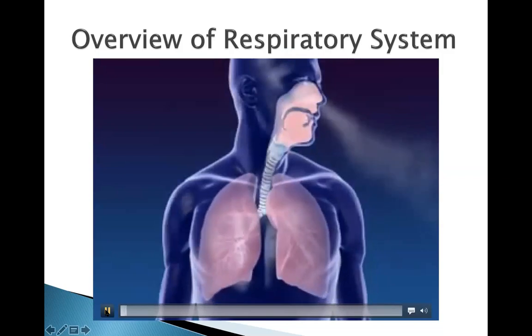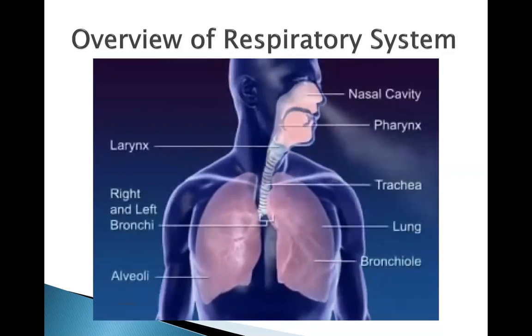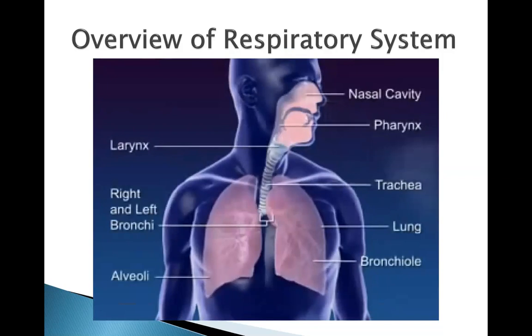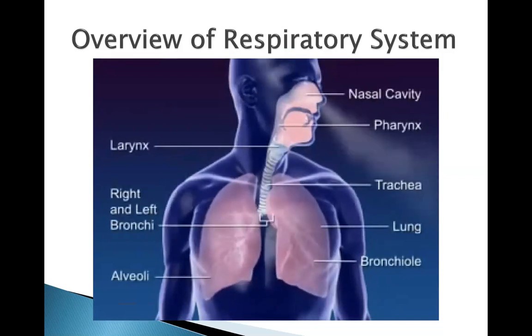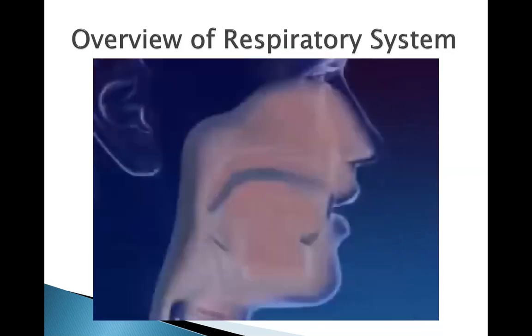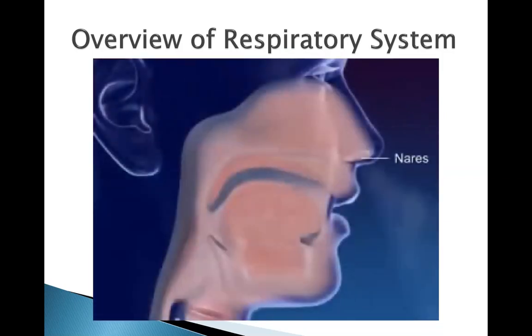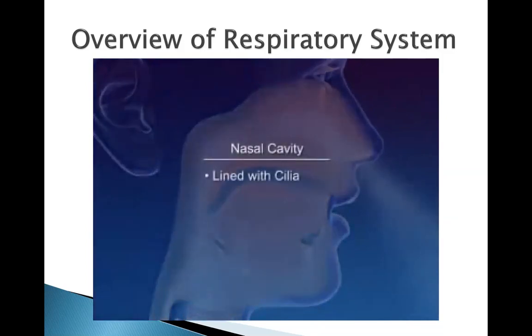The respiratory system moves air through the nose, pharynx, larynx, trachea, and bronchus to the alveoli, where the gas exchange between oxygen and carbon dioxide occurs. Nares are the openings to the nose. The nasal cavity is lined with cilia, mucous membranes, and blood capillaries.